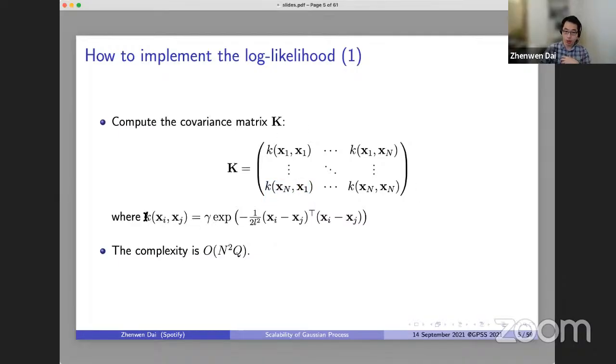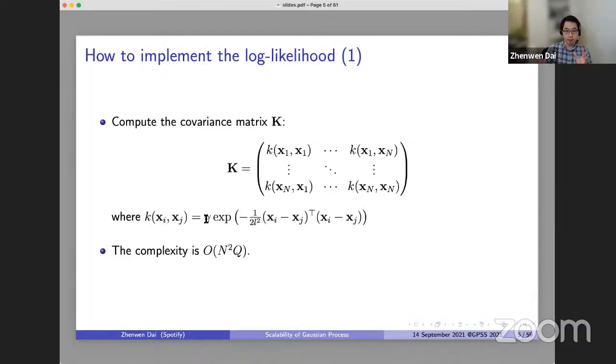A common choice of kernel function is, for example, the exponentiated quadratic, which basically takes the L2 distance between a pair of locations xi and xj, and then divides by 2 L square. L, which we often call the length scale, determines the smoothness of the function, and there is a gamma in front to control the variance of the Gaussian process.